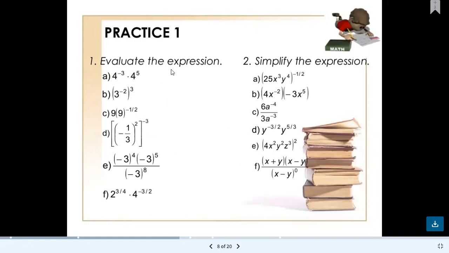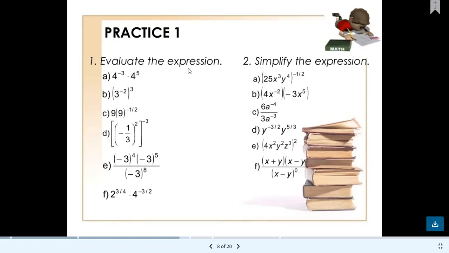Okay, so evaluate the expressions. So 4 raised to negative 3 multiplied by 4 raised to 5. So magiging ano siya, 4 raised to 5 over 4 raised to 3. So sagutan na lang natin kung ano yung sagot kapag 4 raised to 5. 4 times 4 is 16, times 4 is 64, times 4 is 256.